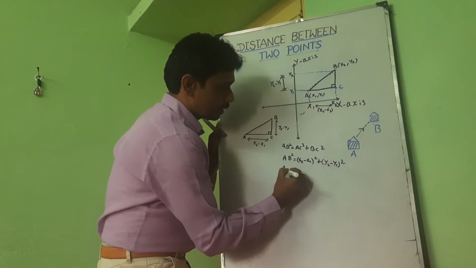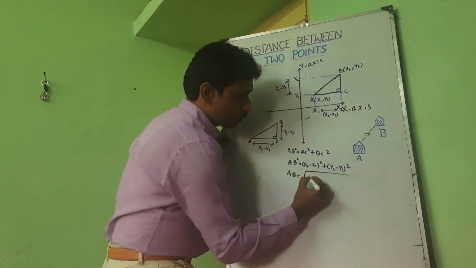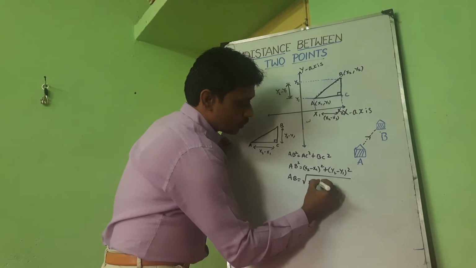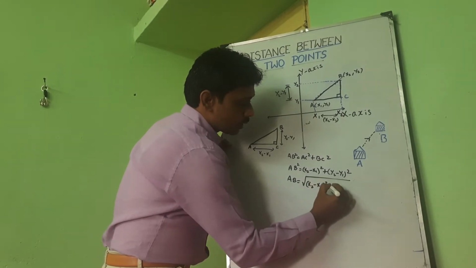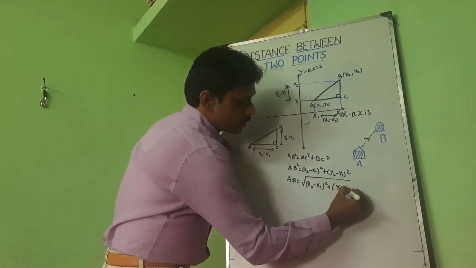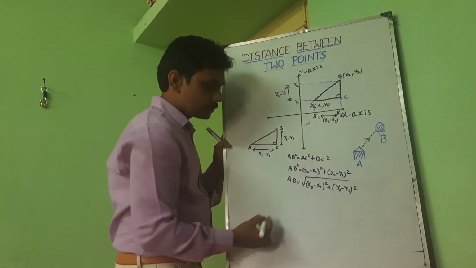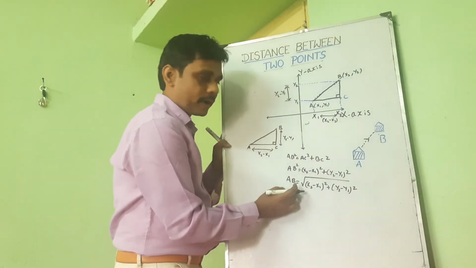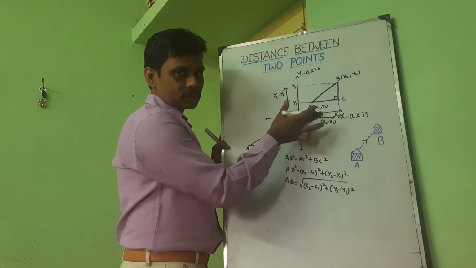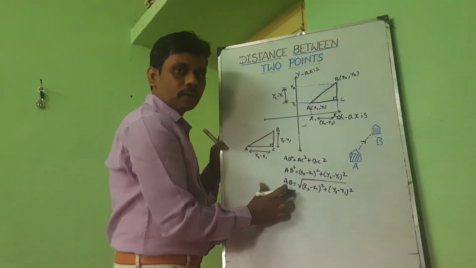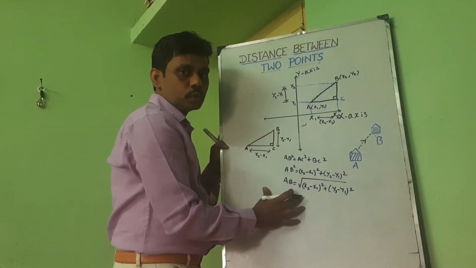From this we can write AB is equal to the square root of x2 minus x1 whole square plus y2 minus y1 whole square. So this is the distance between 2 points A and B in the xy plane. This is the formula for finding the distance between 2 points.